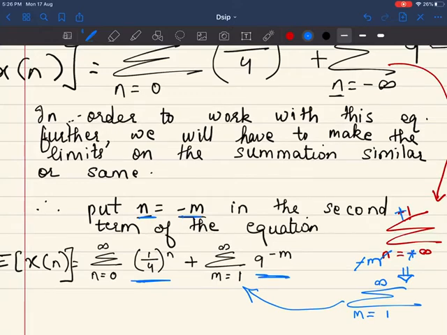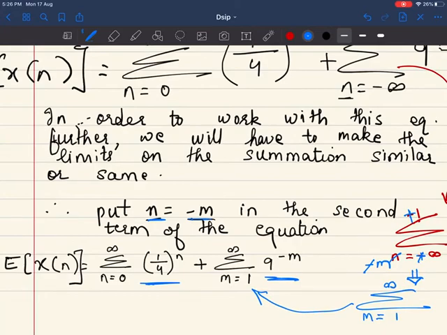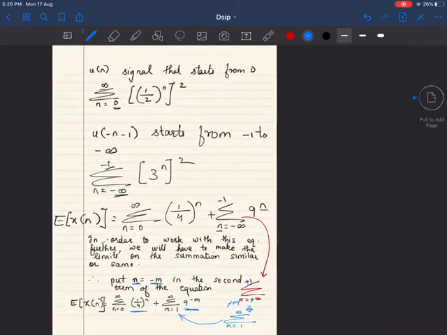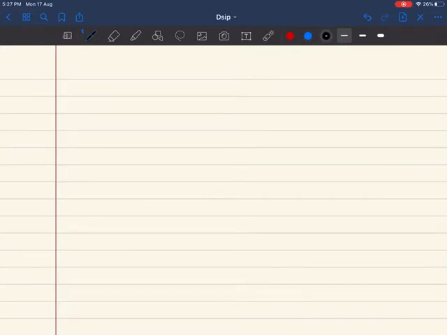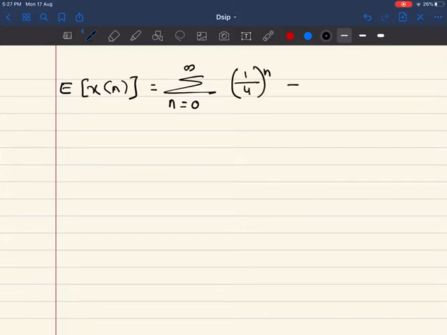Alright, now this can be rewritten as E of x of n is equal to the summation of n is equal to 0 to infinity (1 by 4) raised to n, plus the summation of m is equal to 1 to infinity. Since it was 9 raised to minus m, I am going to write it as 1 by 9 raised to m. Now I am going to apply the summation formula.